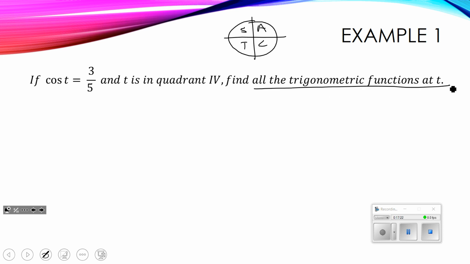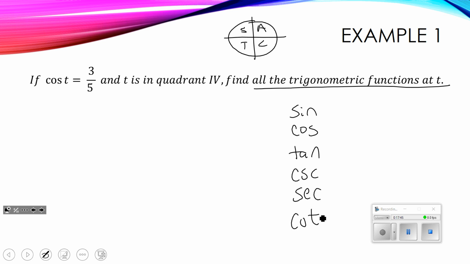And someone said, what does that mean? When I say give me the trig functions, they are what? Cosine, sine, cotangent, tangent, all that good stuff. So over here, I'm going to go ahead and make my list. Sine, cosine, tangent, cosecant, secant, cotangent.